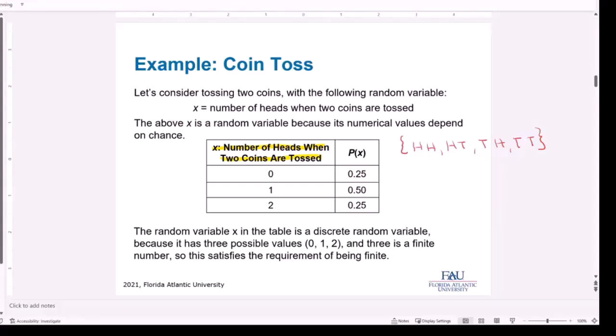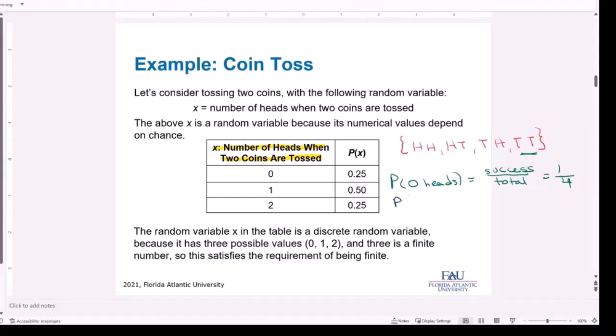If I want 0 heads, there's only one of those, tails, tails. Remember, the probability of 0 heads is equal to the number of successes over the total. Or I think I've called it the part over the whole before. I only have 1 success. I have 4 total possibilities in my sample space. 1 divided by 4 is 25%.